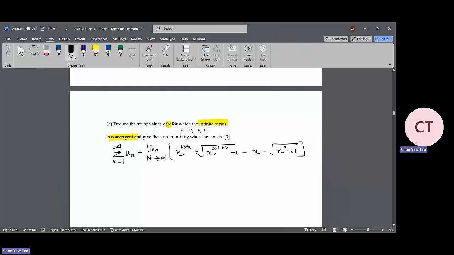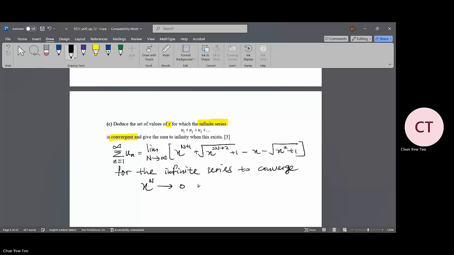So for the infinite series to converge, we need x^n to approach 0 when n approaches infinity.